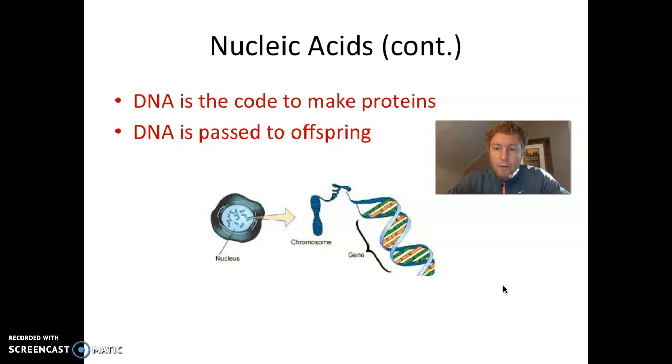If you could grab a cell from your skin and look at it under a microscope and really look at the molecules and the atoms, which you can't because we don't have that technology right now, you'd see these types of molecules in your cell. And remember, you're made up of your cells. You're made of trillions of cells. So we're just going from the small to the large, and that's the quick introduction on macromolecules.